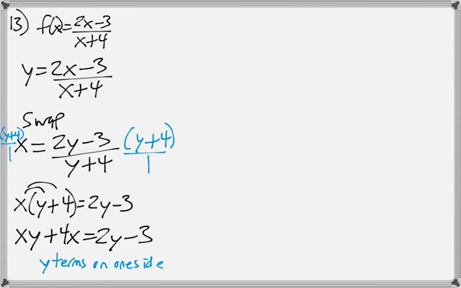I want to move this guy over there, and I'm going to move this guy over there. So xy minus 2y is equal to negative 4x minus 3.